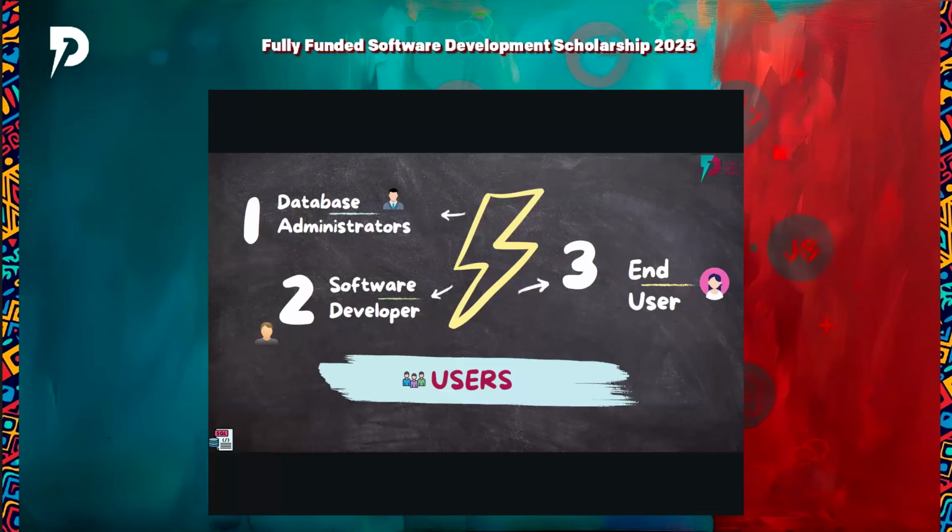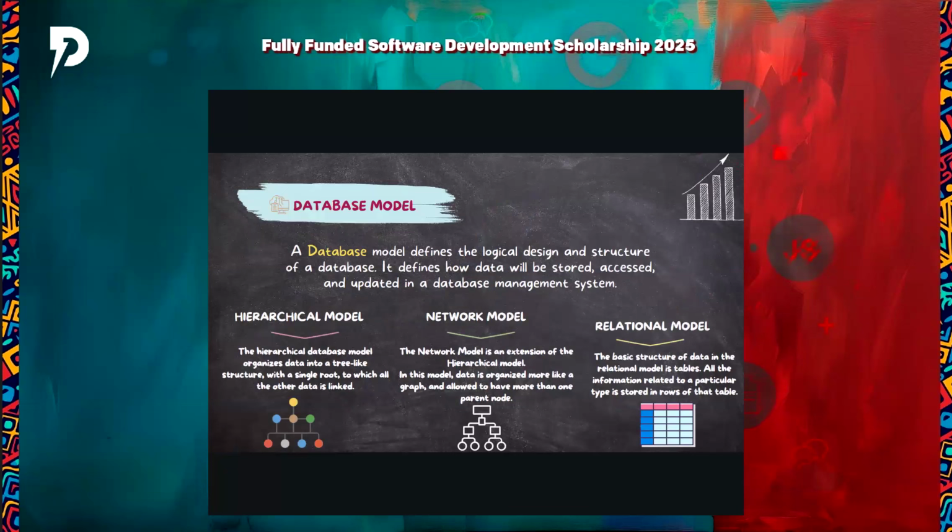Let's talk about another key topic in the introduction of database, what we call the database model. Okay. So a database model defines the logical design and structure of a database. It defines how data will be stored, accessed, and updated in a DBMS.